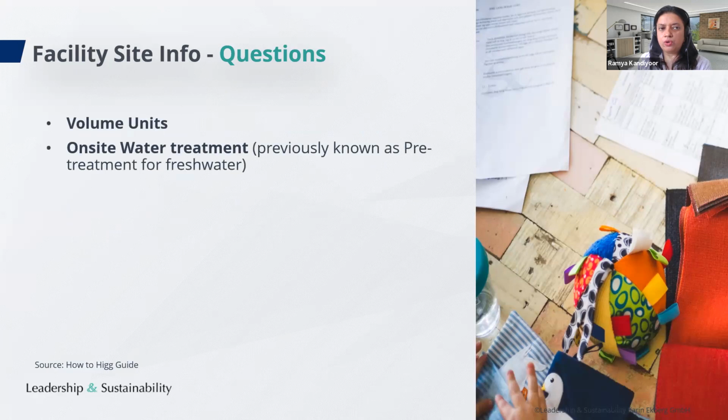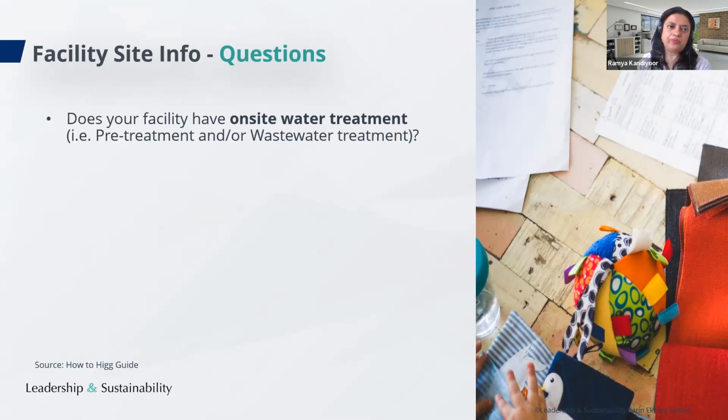So you have your volume units, which you will report. You will report also on if you have on-site water treatment. It was previously known as pre-treatment of fresh water. And the FEM module has in 2021 also aligned all of the units of measure across all of the questions. So this is now corrected on the platform.